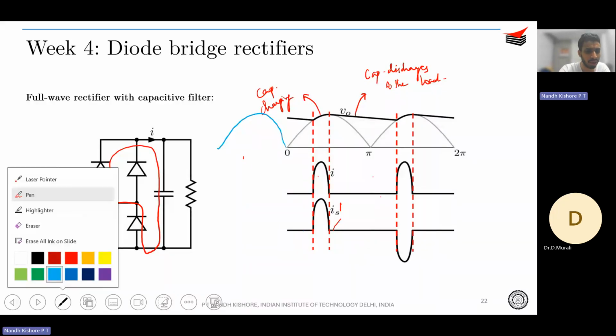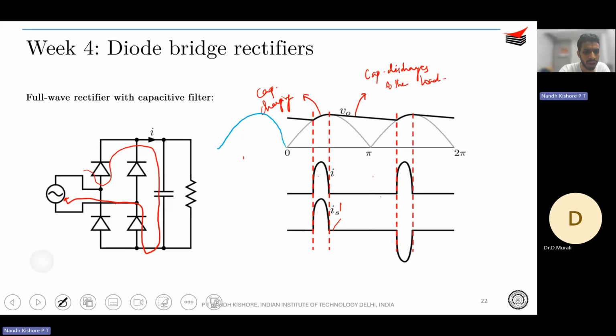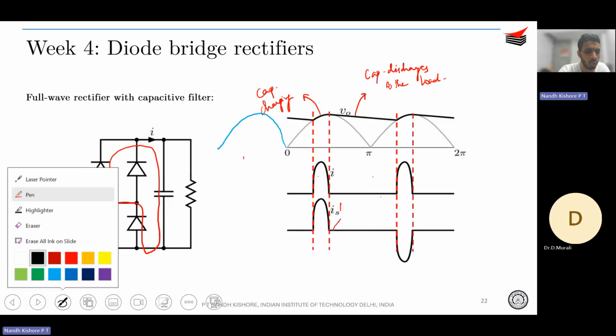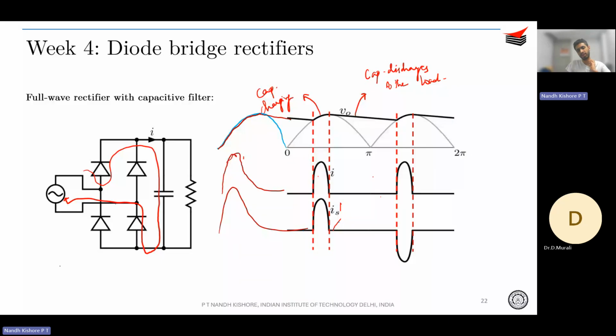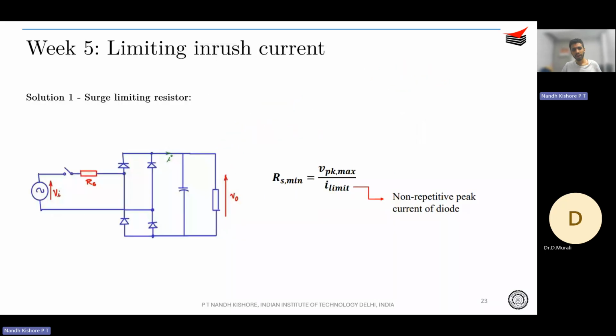The capacitor will draw a huge current as it tries to charge up, much higher than this, maybe even 10 times higher. It can damage your components, and that is something you don't want, right? That is where we study inrush limiting circuits, or limiting the inrush current.